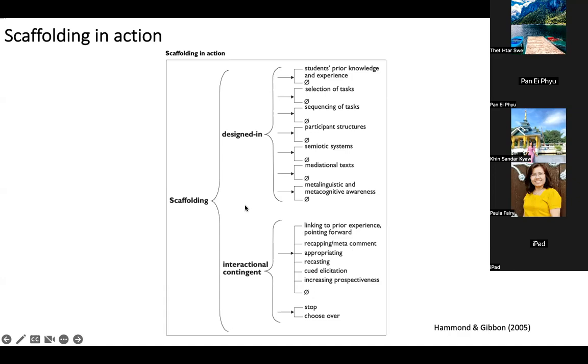There are two different types of scaffolding that we can use. The first one is designed-in scaffolding, which is planned scaffolding that we can prepare before the class. The other is interactional and contingent scaffolding, which is scaffolding that we provide at the point of need in the classroom.